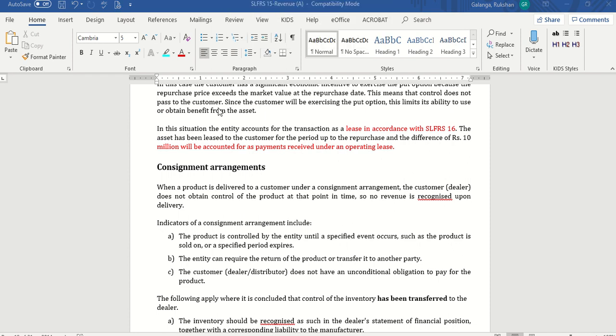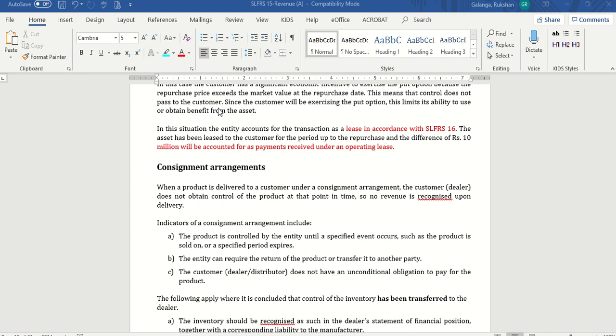So what happens in consignment arrangements? In a consignment arrangement, one party is selling their goods to another party, who is the dealer. He has to sell those goods to the end user. So say X is selling goods to Y the dealer, and Y is the one who is selling that to the end customer, right?